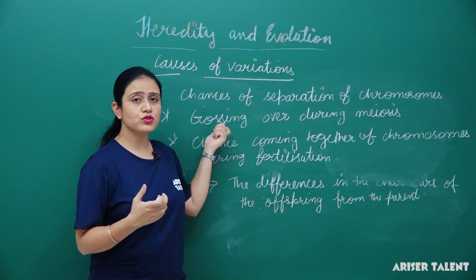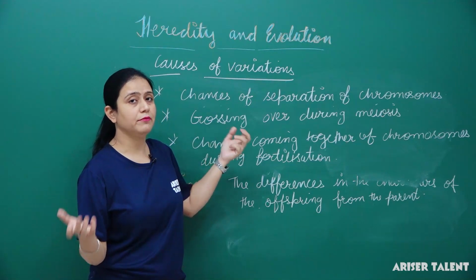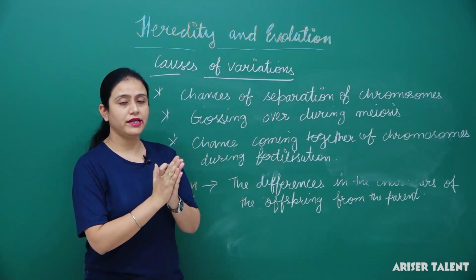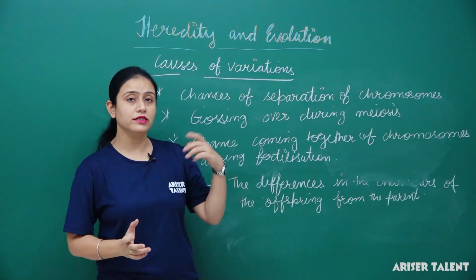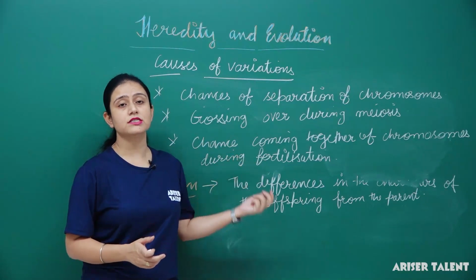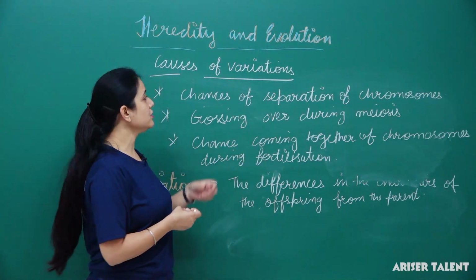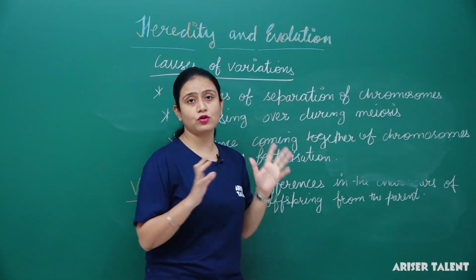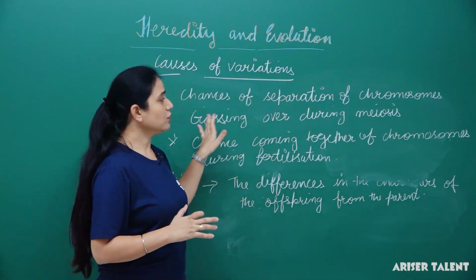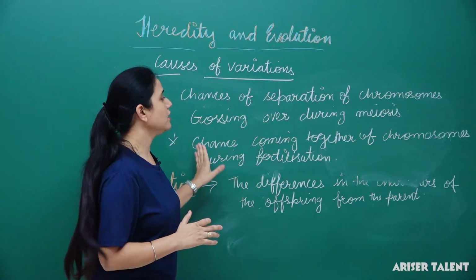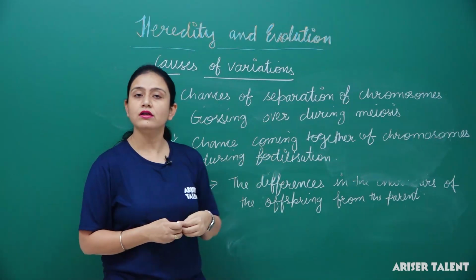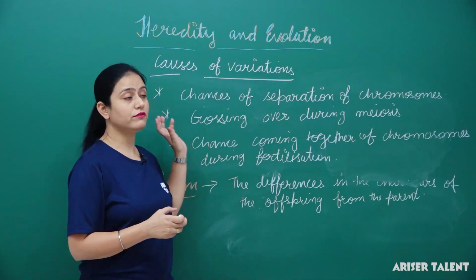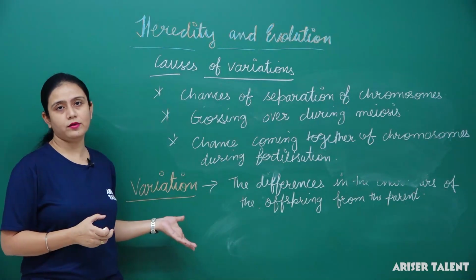This process is known as heredity, but that offspring carries some different characters. These characters are known as variations. The reasons for variations are chances of separation of chromosomes, crossing over during meiosis, and chance coming together of chromosomes during fertilization.